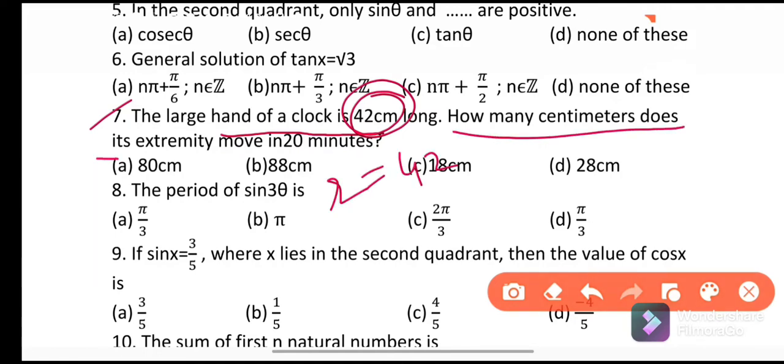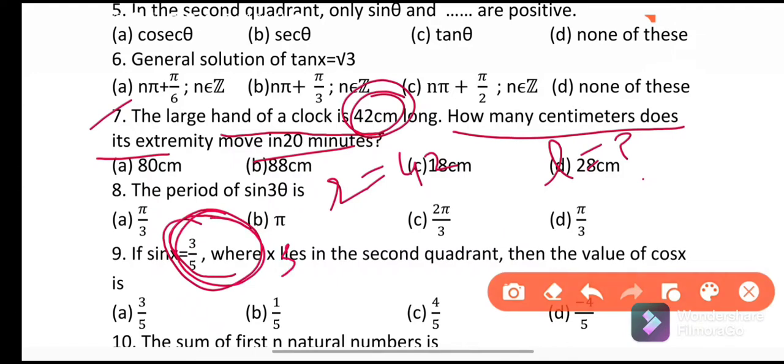Now how many centimeters, that is we have to find the value of L. Now in a complete revolution, the hand of a clock completes a 360 degree angle, and in 20 minutes it completes 120 degrees.